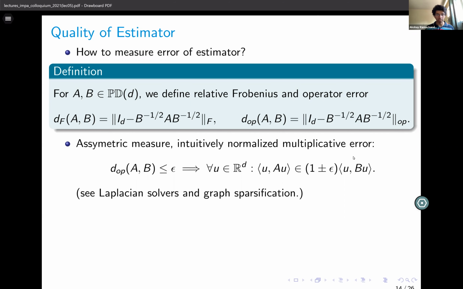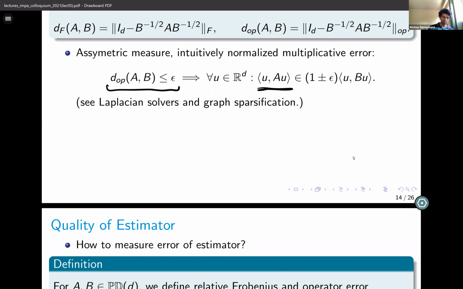You want a relative error. One example of this is, for example, if the relative operator norm error is at most epsilon, then every quadratic form is multiplicatively approximated by 1 plus minus epsilon. This kind of approximation shows up a lot in Laplacian solvers and graph sparsification, these kind of spectral sparsification ideas, and in numerical linear algebra, actually.